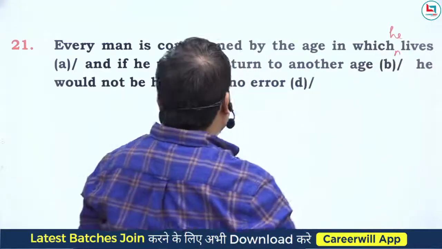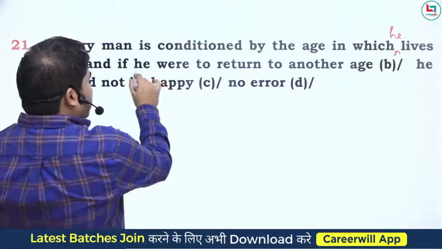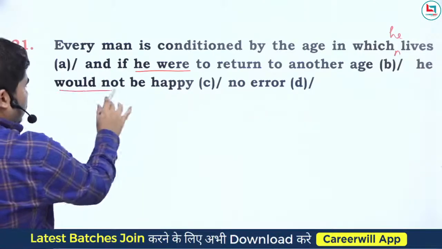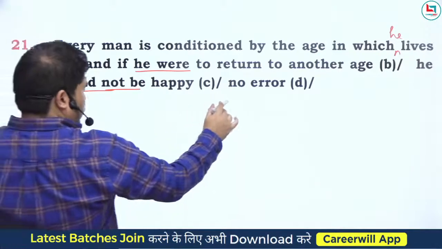It's a general statement. Every man is conditioned by the age in which he lives. After "and", what is written, like if he were to return to another age, "he were", this is hypothetical, he would not be happy, would not, plus we use the first form of the verb. So this is absolutely correct, no error.